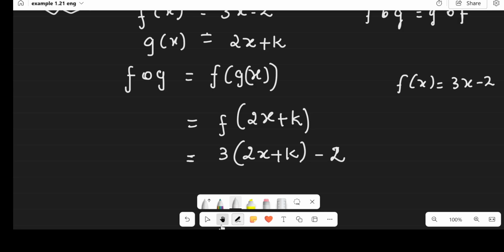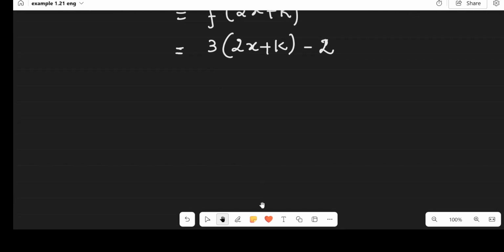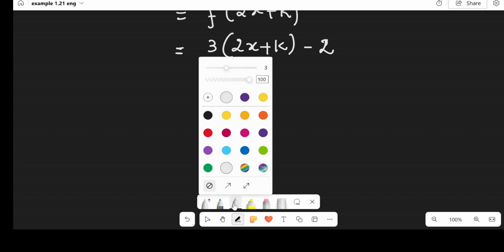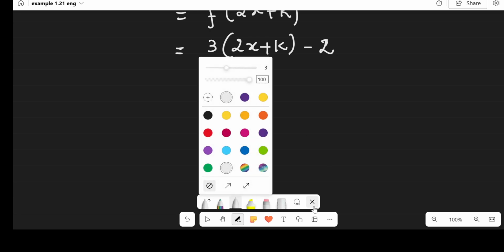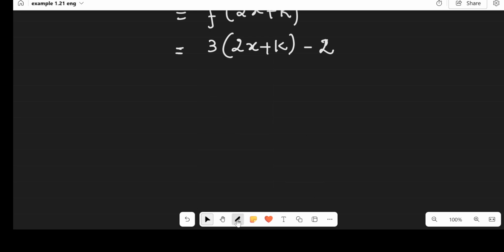And then, after simplification, you can see what would be the answer.